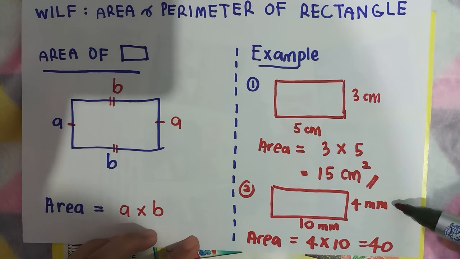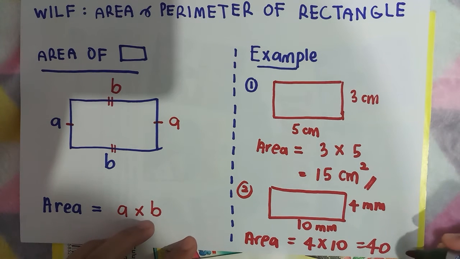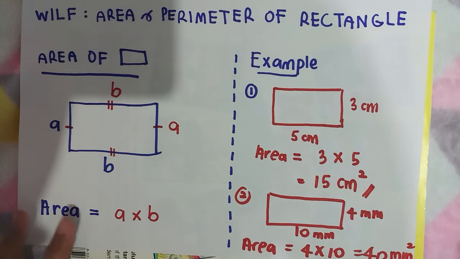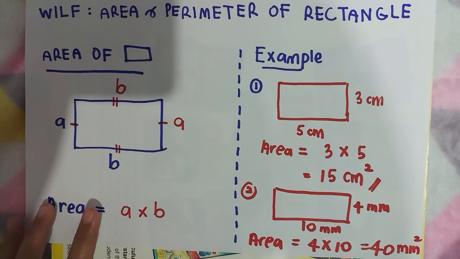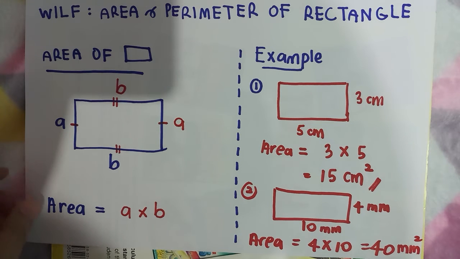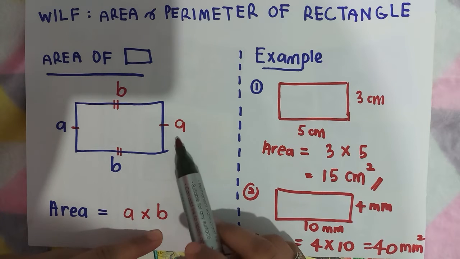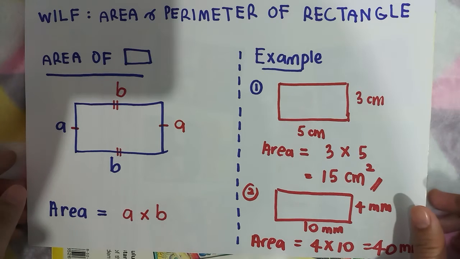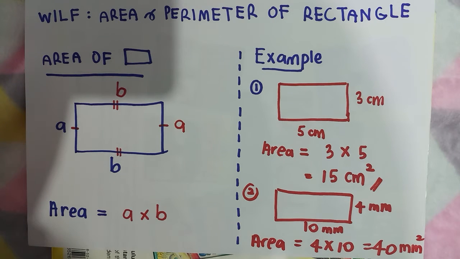Because we have mm times mm, the unit for the area of this rectangle is mm square. So 40 mm square. Remember, the formula for the area of a rectangle is just A times B. Pause the video if you need to copy, or if you need to repeat, just replay again.